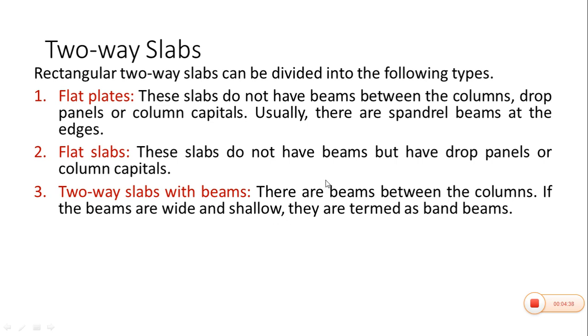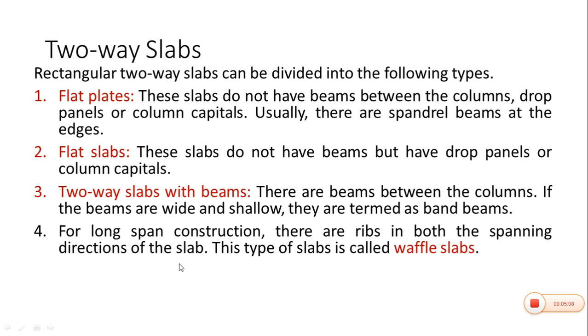Actually, a beam is the load carrying or load transferring member from slab to column. In the first two cases the load of the slab is directly transferred to the column, whereas in a two-way slab with beams the load of the slab is transferred to the beams, and the beams transfer that load safely to the columns.